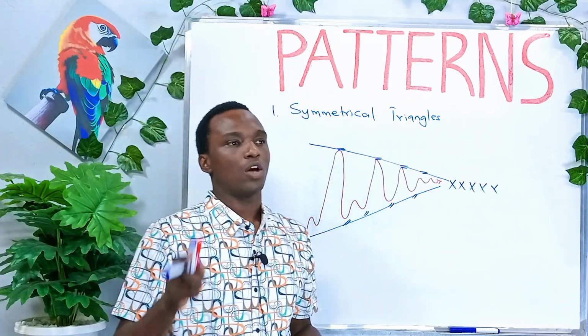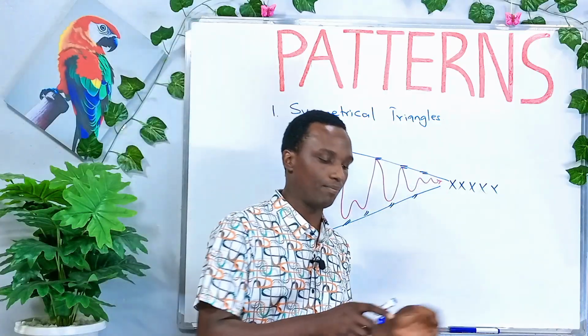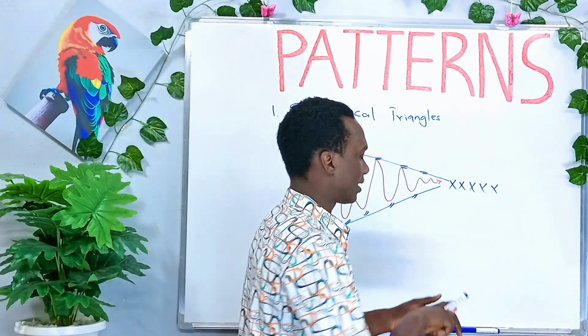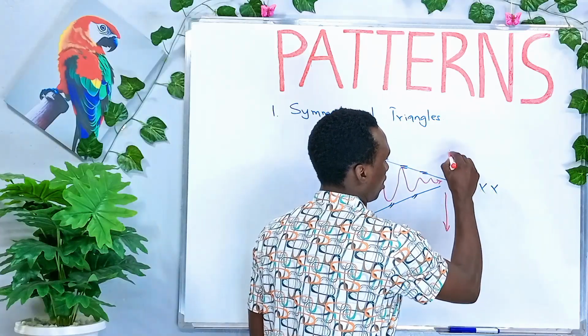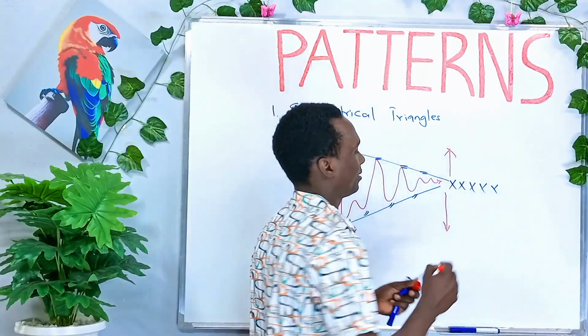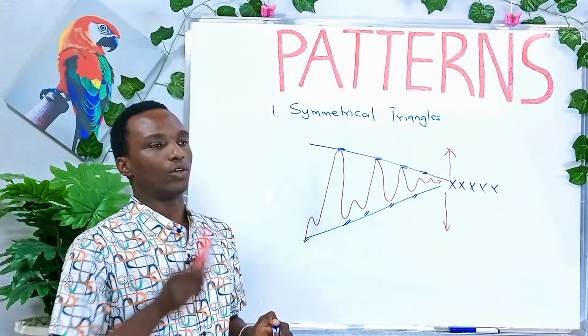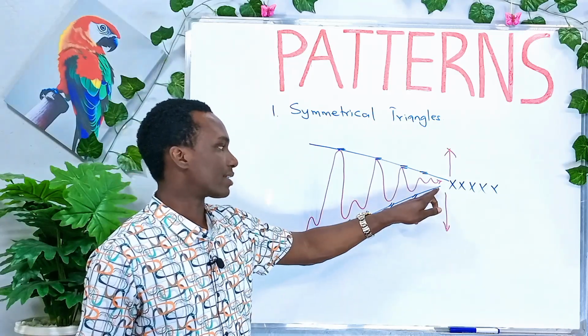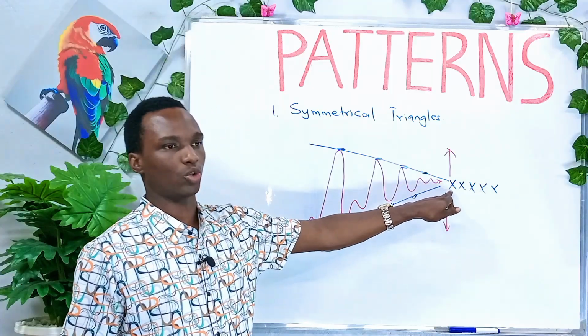Okay? We do not know what direction that breakout will be. That breakout can either happen to the downside or to the upside. Eventually, one side of the market will give in out of this consolidation.